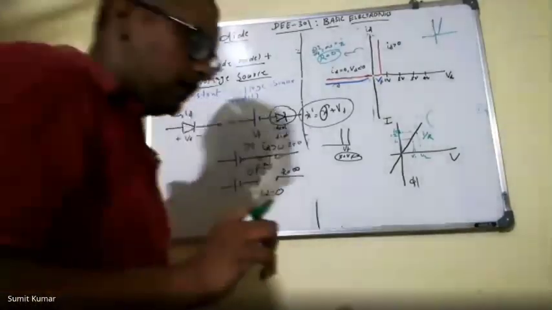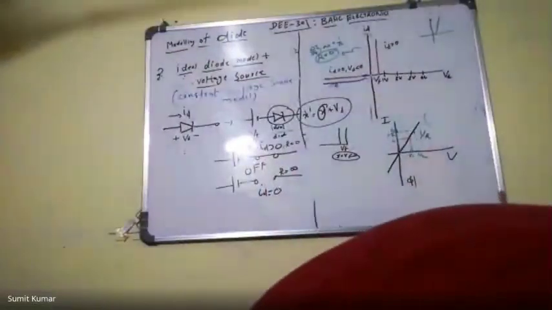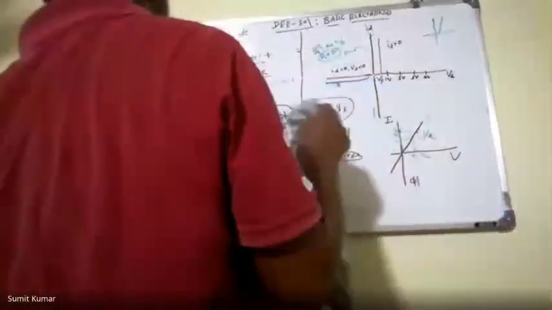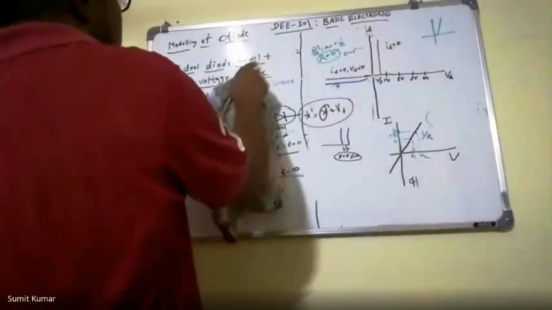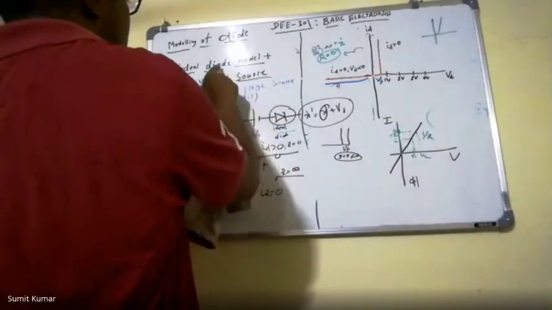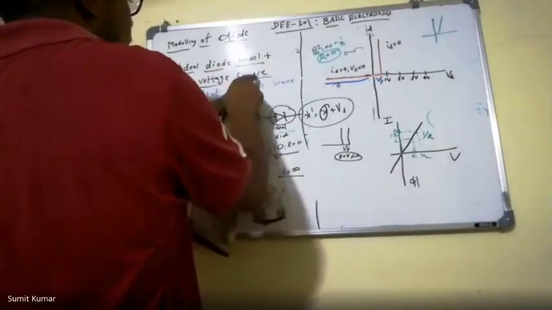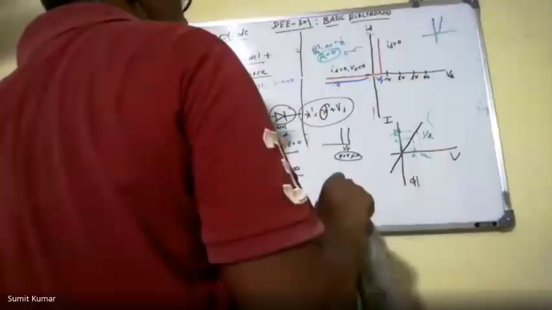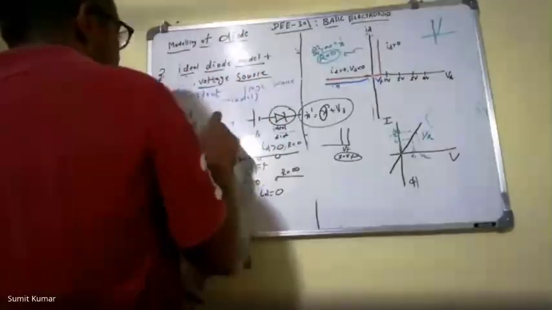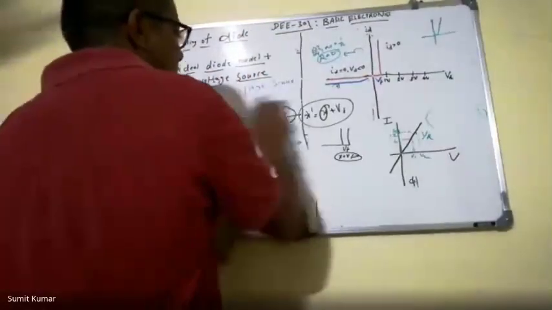So now we will start the third model. The third model is the ideal diode plus voltage source plus resistor model. We will discuss the resistor model in a minute.